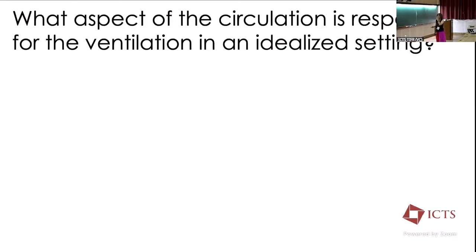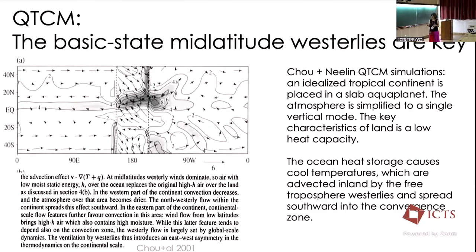And so the question then becomes, what aspect of the circulation is responsible for the ventilation in some idealized setting? Here is a figure from those years. They put a continent that is 45 degrees wide and extends across the whole domain here.